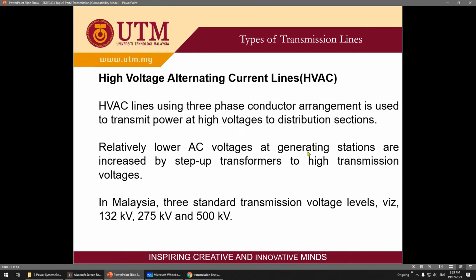Next is the high voltage alternating current line, HVAC. HVAC lines use three-phase conductor arrangement to transmit power at high voltage in the distribution section. Relatively low AC voltage at the generation is increased by a step-up transformer at the transmission line. This one I already explained.